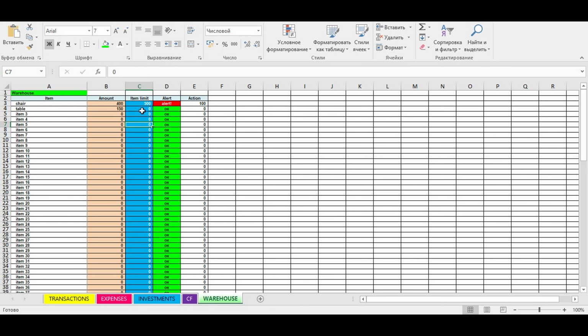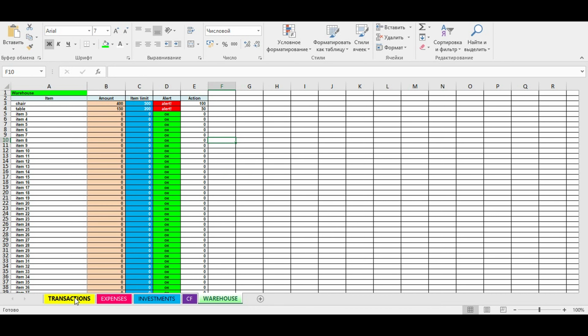And also we can set up a limit for tables. We can see also the alert, and we see how many chairs and tables we should buy to get our planned limit on the warehouse.